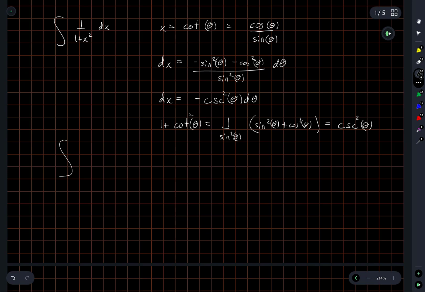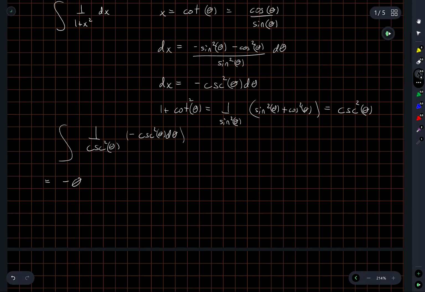So my integral gives me 1 divided by cosecant squared theta times, and dx is negative cosecant squared theta d theta. Okay, so I do get the cancellation I want there, so I end up with negative theta.